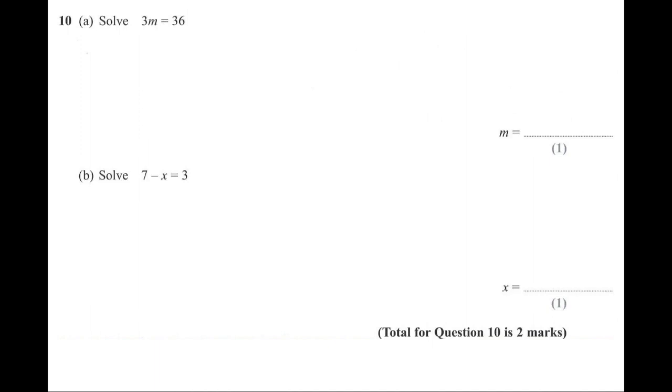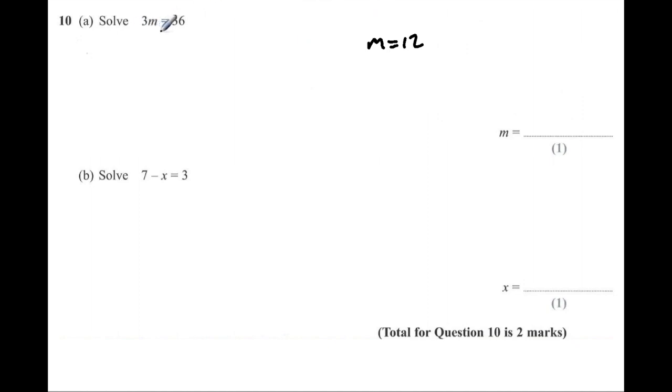Question 10a. Solve 3m equals 36. Now there's two ways of answering this question. The first way is asking yourself, what do you need to multiply 3 by to give us 36? Well, the answer is 12. The second way is using the inverse operation.